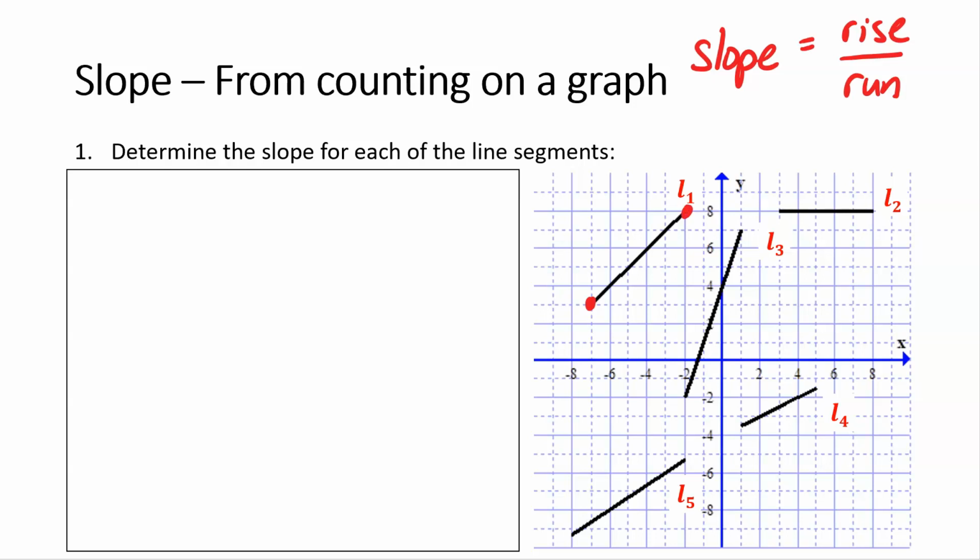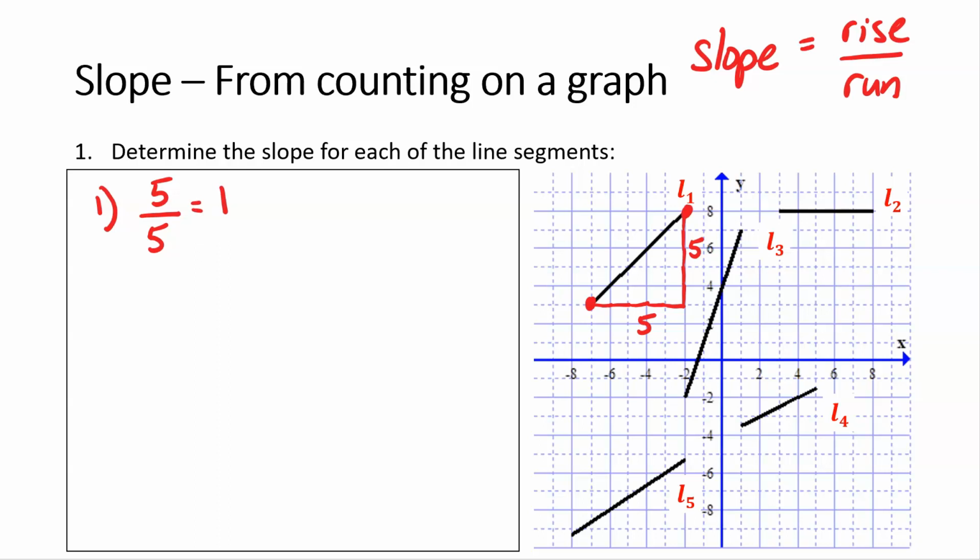Well, you went 1, 2, 3, 4, 5 across, and 1, 2, 3, 4, 5 up. So for line 1, you had a rise of 5, you went 5 up, divided by a run of 5, you went 5 across. 5 divided by 5 is 1.